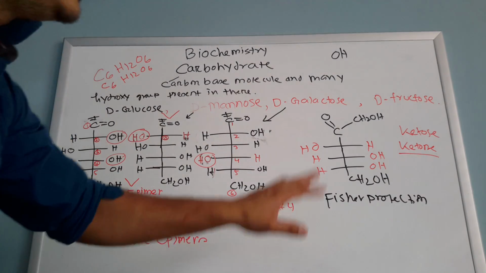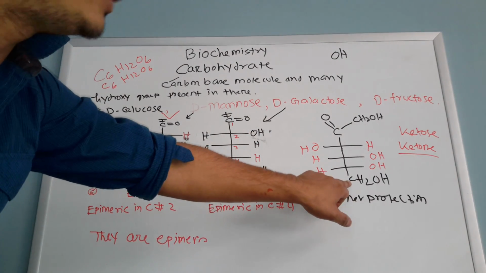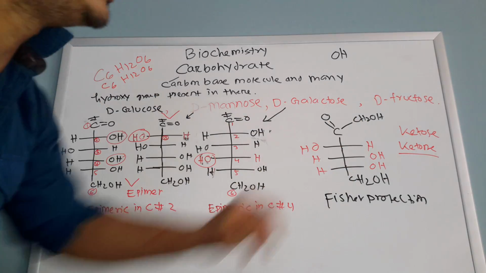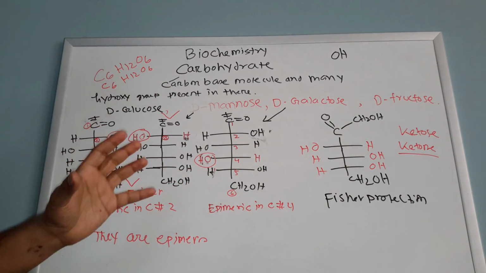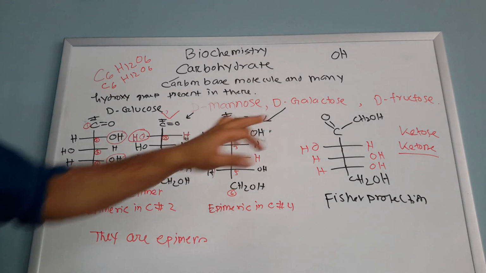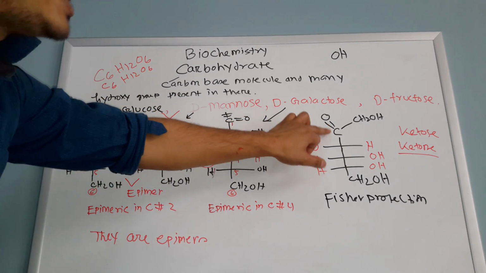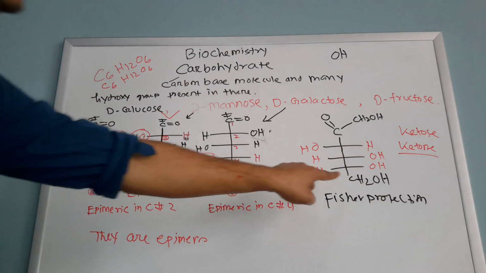Look, you are thinking why I'm not counting this one as number 1, and why I'm counting this one as number 1. Your goal is to give the lower number to the double bond O carbon.